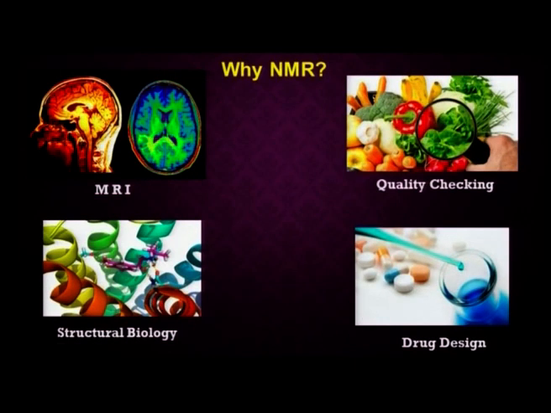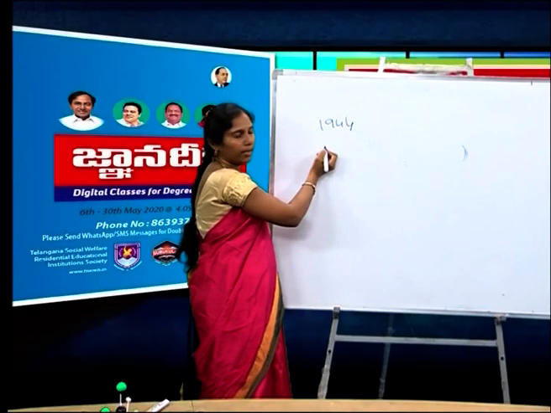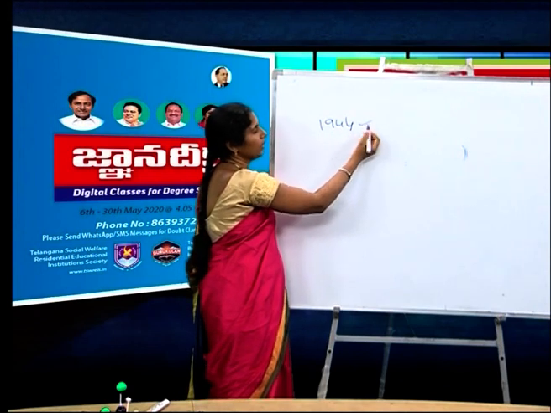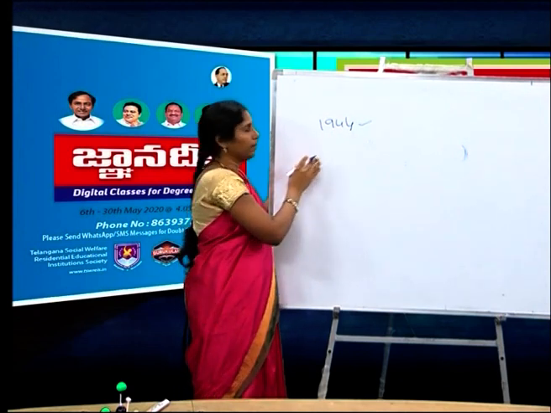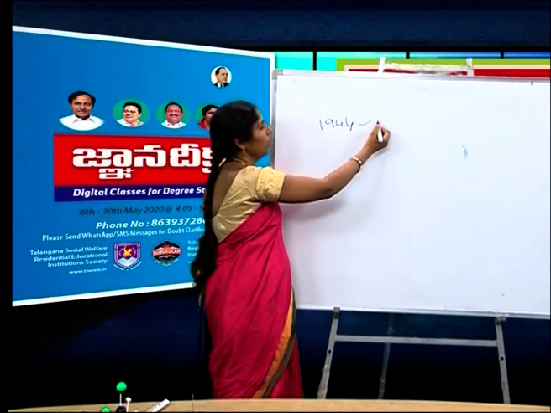See, because of the wide applications of NMR, students, from 1944 till date we got 5 Nobel Prizes. Let me tell you that. In 1944, as I told you already, Isidor Rabi received it for measuring the NMR or resonance phenomenon in molecular beams.